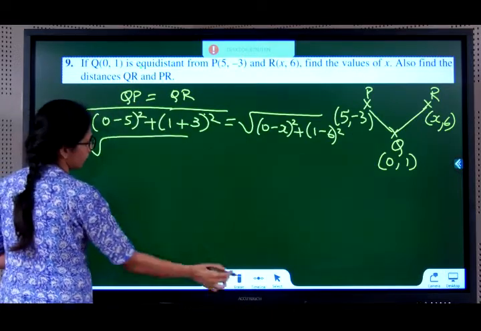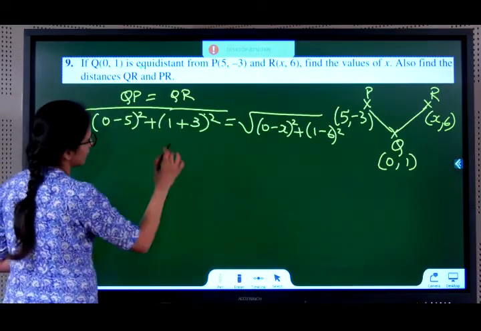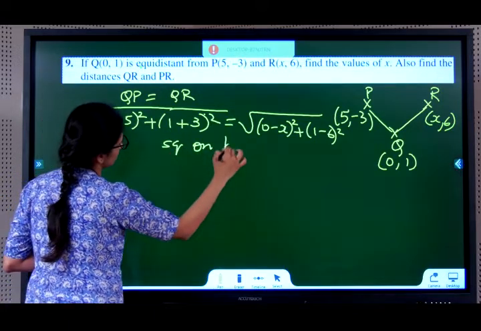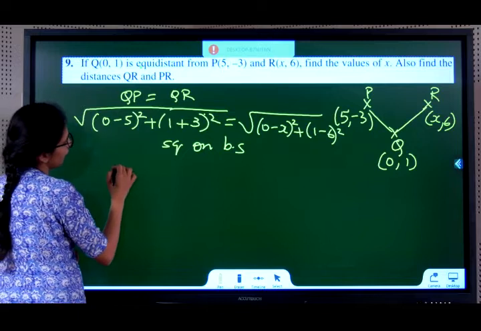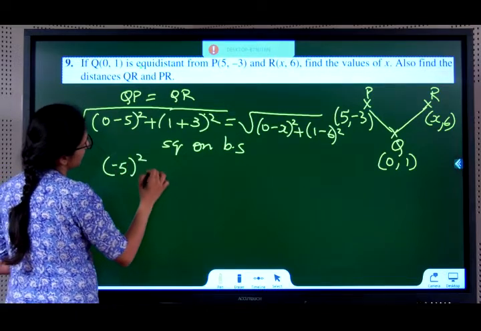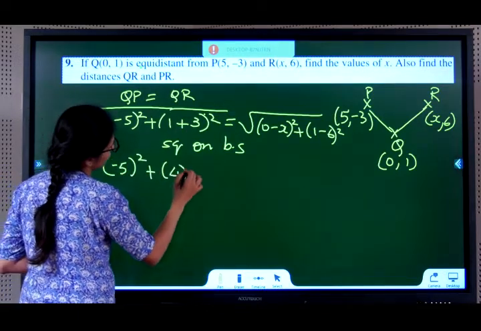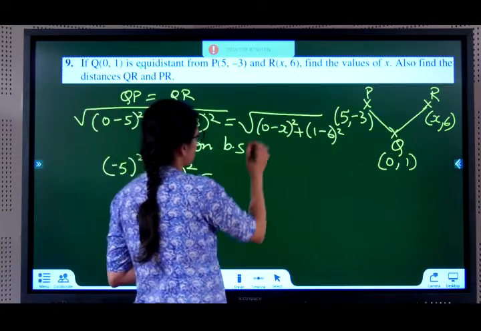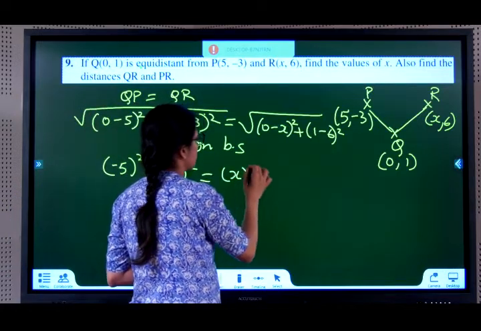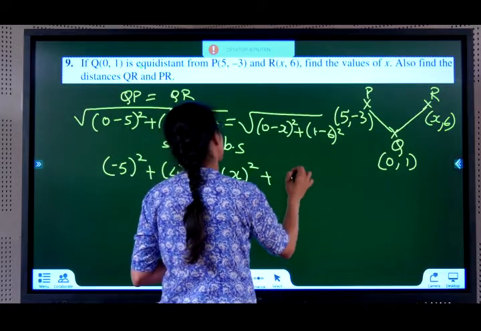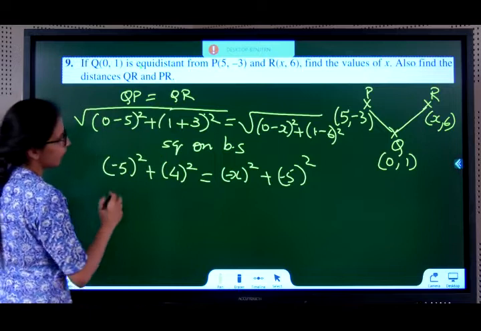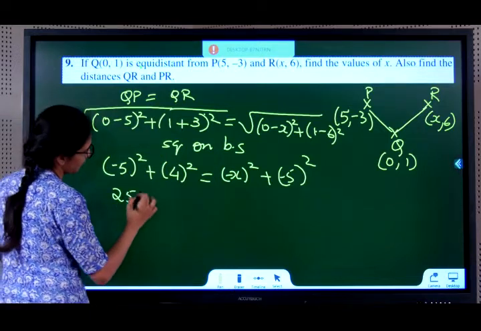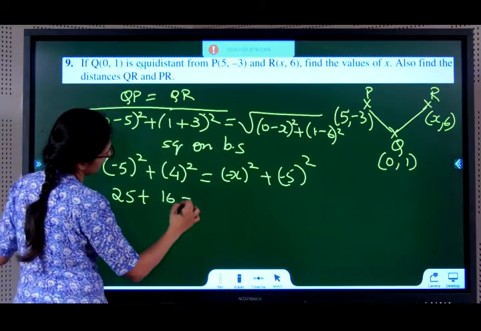Let's remove the root, squaring on both sides. So (0 minus 5), minus 5 square, plus (1 plus 3), 4 square, is equal to (0 minus x), x square, plus (1 minus 6), minus 5 square. Minus 5 square is 25, plus 4 square is 16.